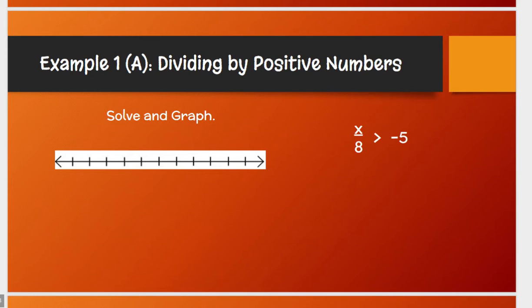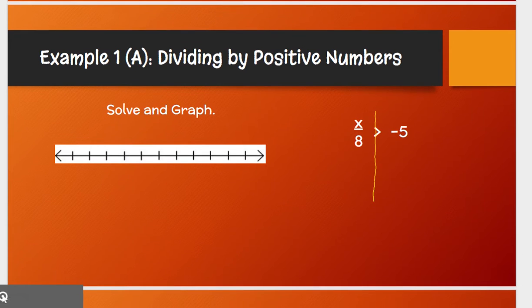So in order to get that isolated, we would need to use an inverse operation, which is the opposite. The opposite of divide by 8 would be to multiply by 8. So I'm going to multiply by 8 over 1. And because this would be an equation, if I do that on one side, I'm going to need to do it to the other.